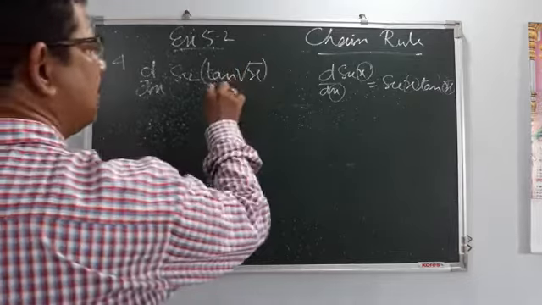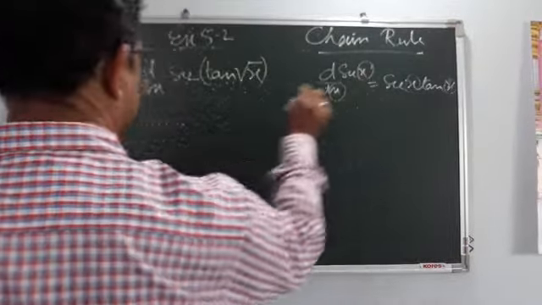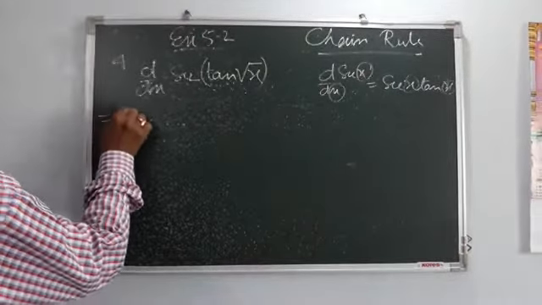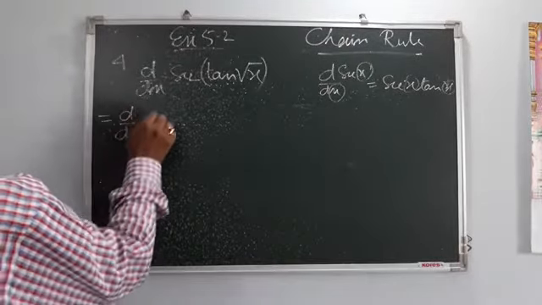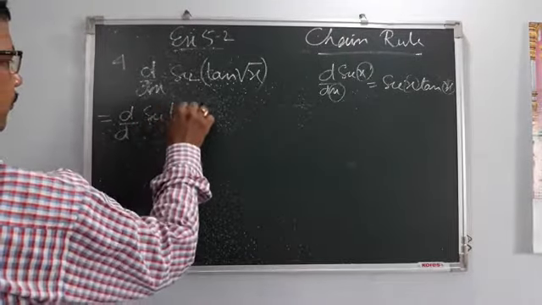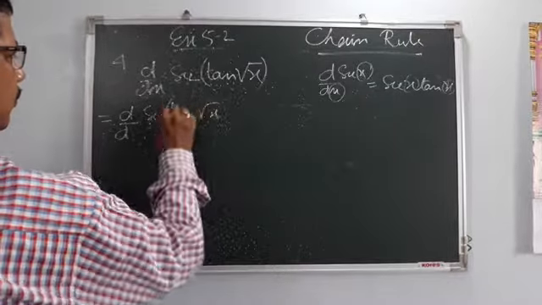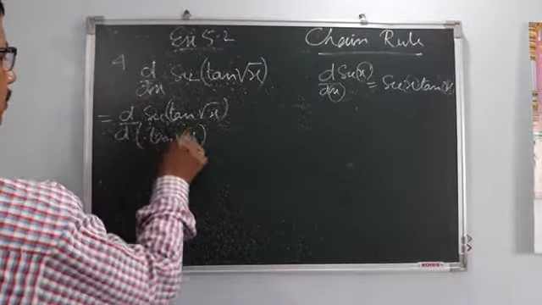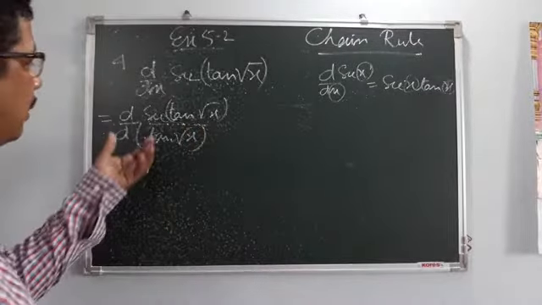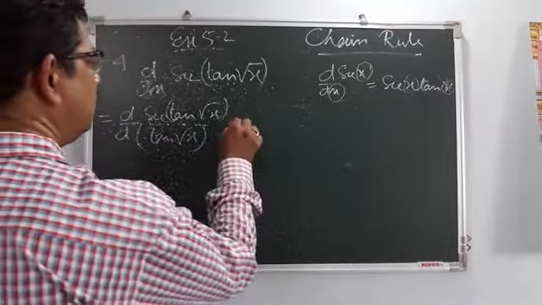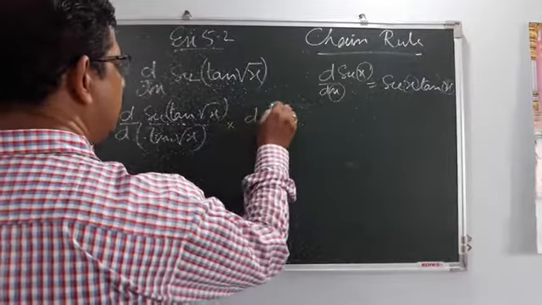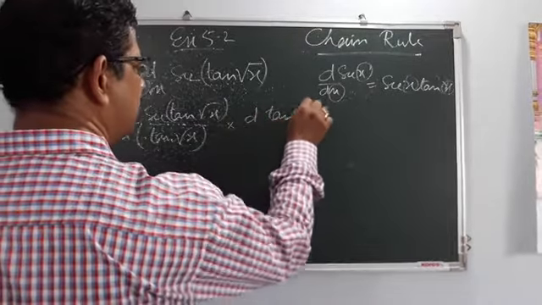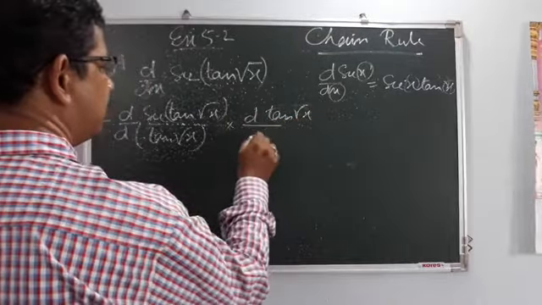It is given tan root x in place of x. So definitely we have to write tan root x here. Chain rule. Now to cancel this one, to make it equal, in the numerator also we have to write tan root x.